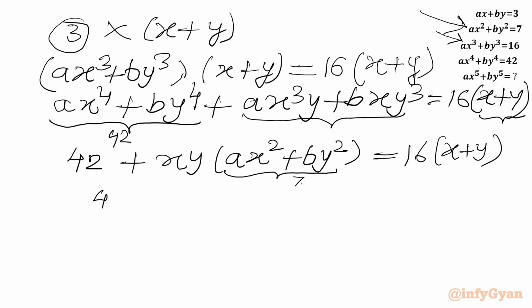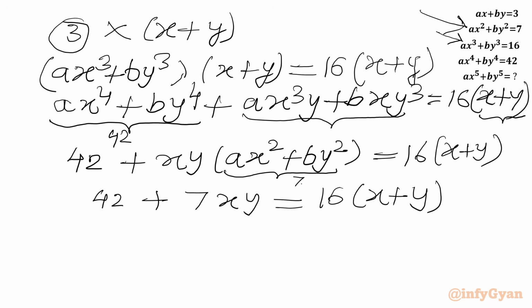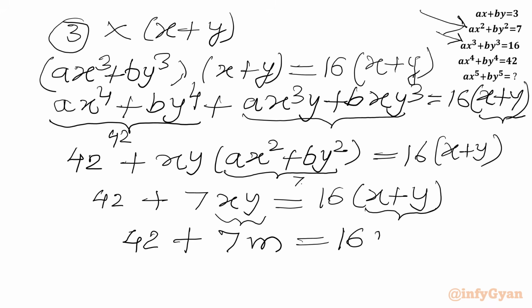So we will write 42 plus 7xy equal to 16 times x plus y. Now xy is m, x plus y is n. So we are going to write our sixth equation: 42 plus 7m equal to 16n. Here we will write equation number 6.